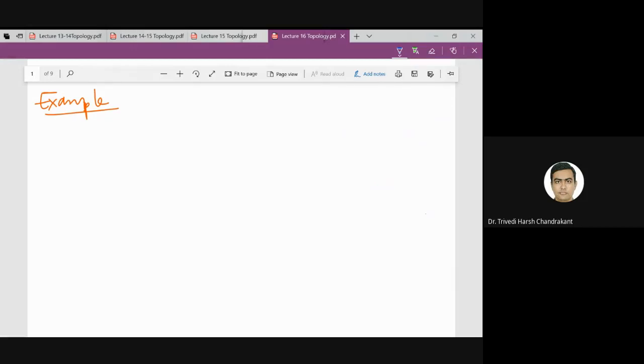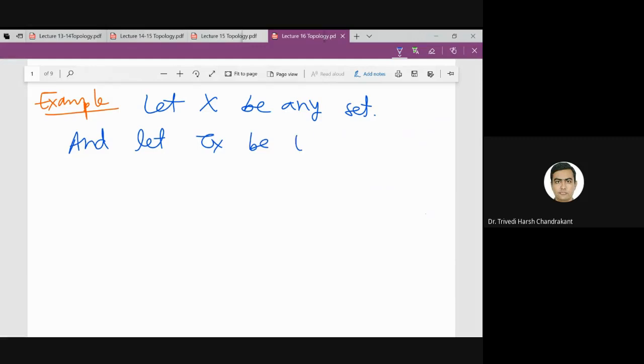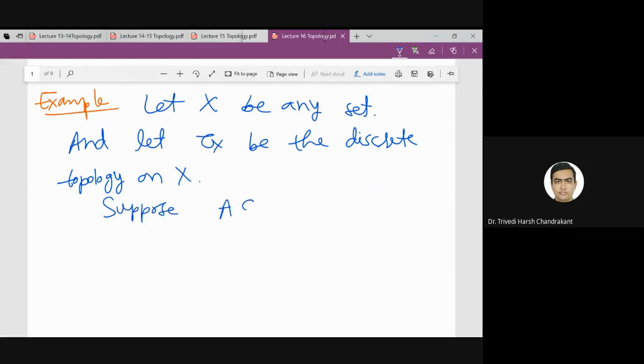Okay, so let X be any set, and let tau X be the discrete topology on X. Suppose A is a subset of X. It may be the empty set also, doesn't matter.